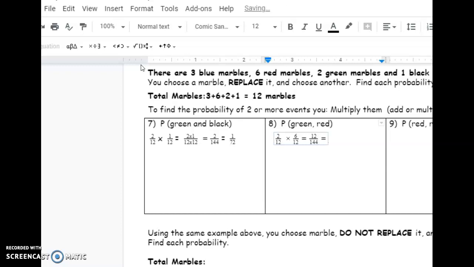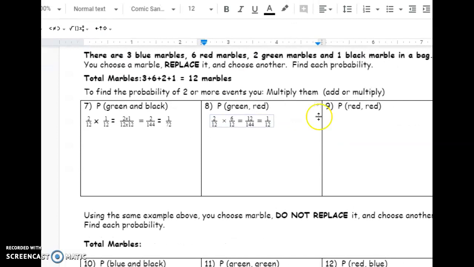We can still simplify because 12 is a common factor of both 12 and 144. 12 divided by 12 gives me 1 in my numerator, and 144 divided by 12 gives me 12 in my denominator. So the probability of getting green and red is 1 over 12. There is a higher chance of getting green and red than green and black, because the denominator is smaller, which makes the fraction bigger.